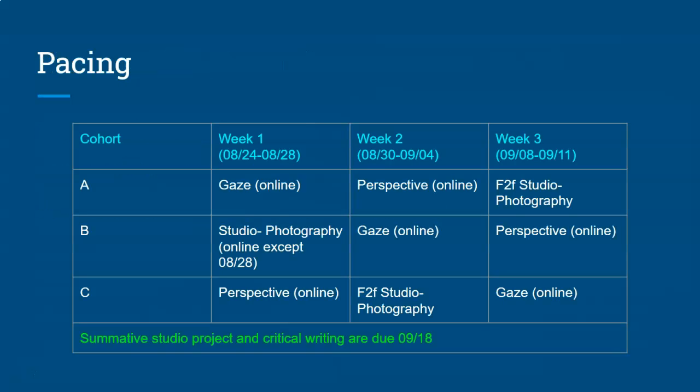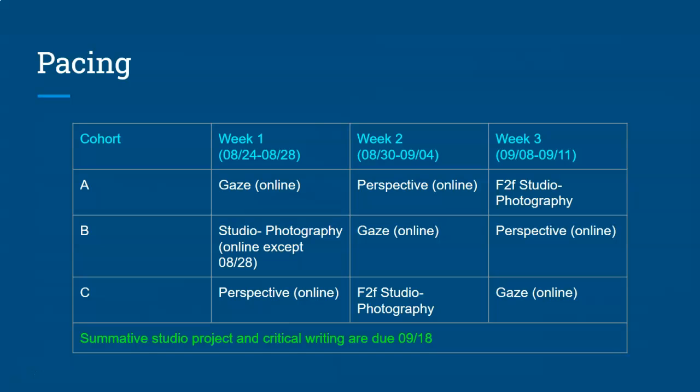So your pacing, the first week, A is doing gaze, B will be doing the photography studio, and C is perspective. And then week 2, A is perspective online, B is gaze online, and C comes in for the photography studio.